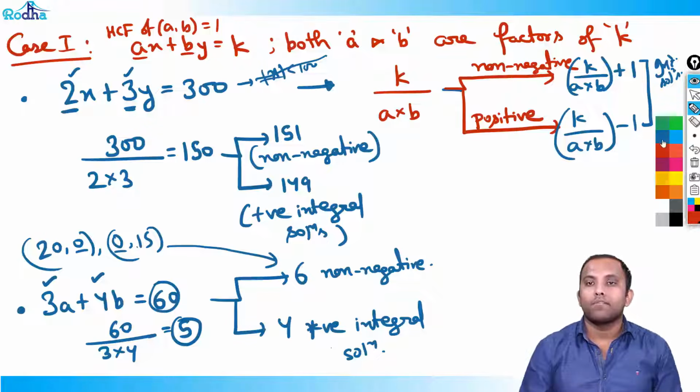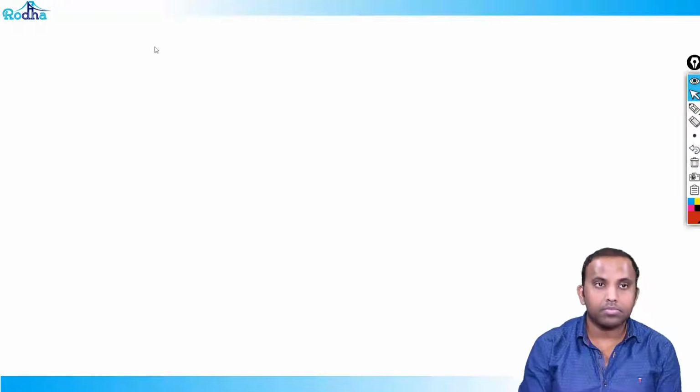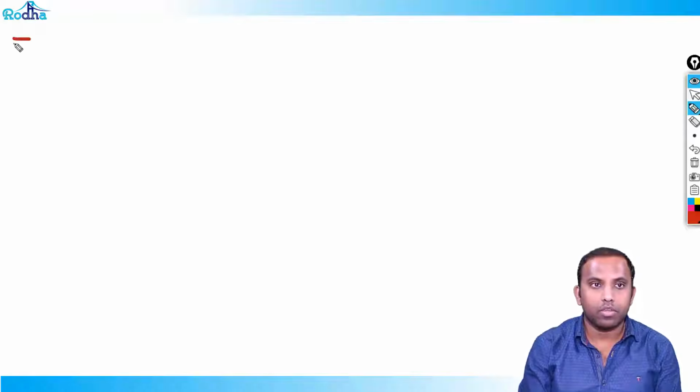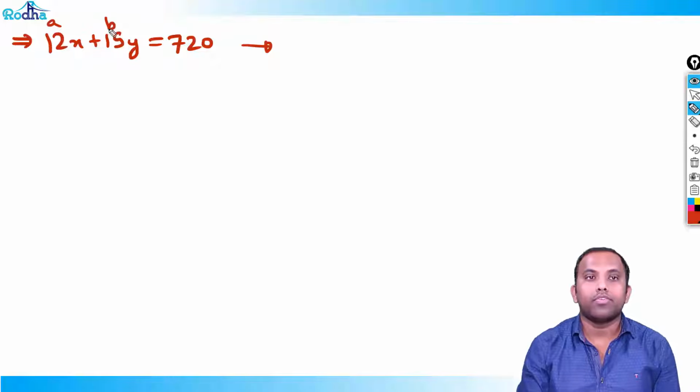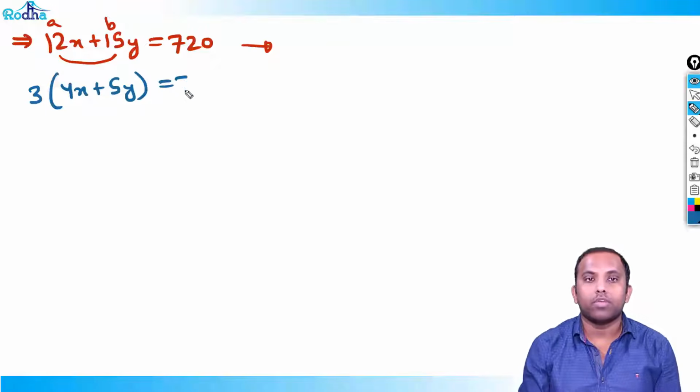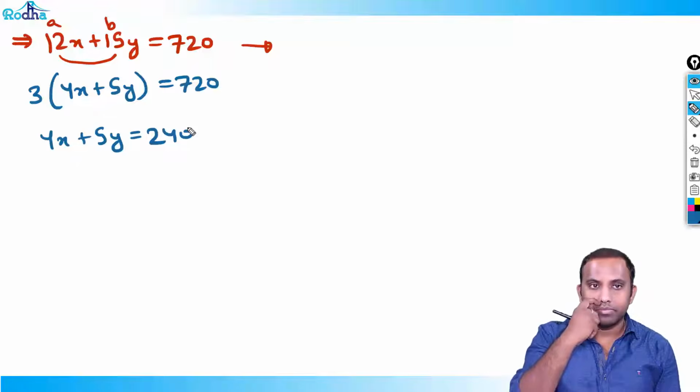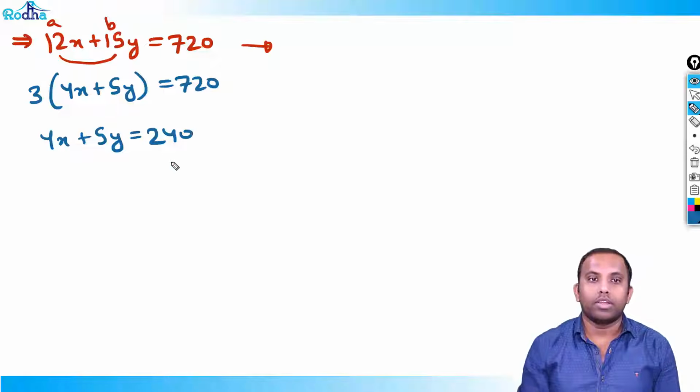Let's take one more question: 12x plus 15y equals 720. Here the HCF has to be 1, that means both have to be coprime. 12 and 15 are not, so we take 3 as common. 3 into 4x plus 5y equals 720, that means 4x plus 5y equals 240.